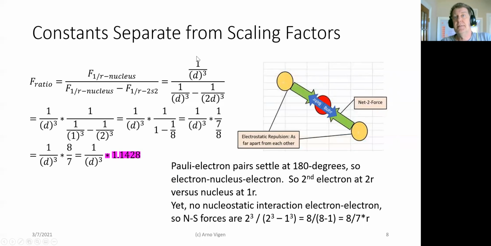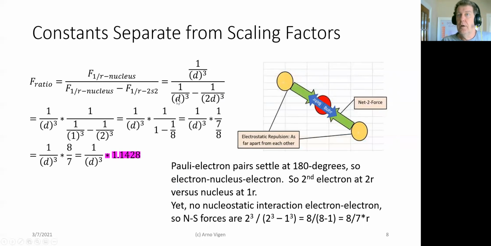You see, the distance is 1 over distance squared, but you've got this other one at 2D, and it's missing the electrostatic. So I'm just going to work at the 1 over distance cubed radial nucleostatic force, the strong nuclear force applicable to the electron-nucleon.